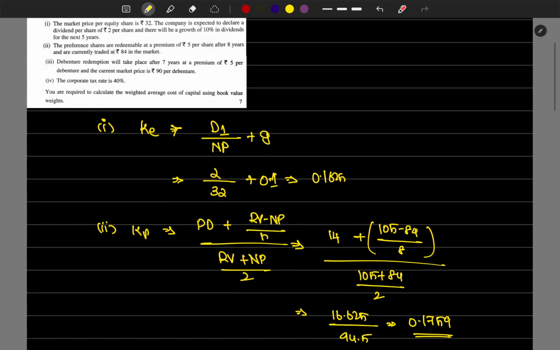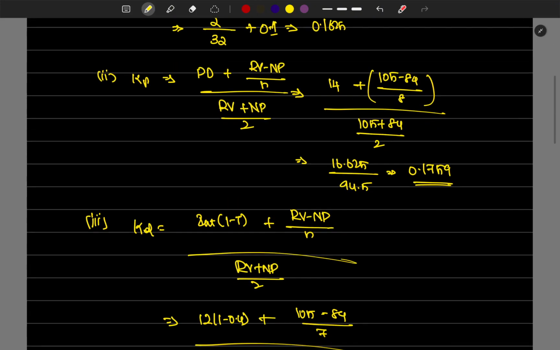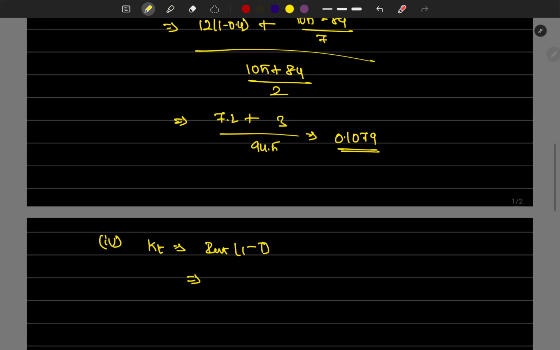The interest rate is 11%, so 0.11 into (1 minus 0.4), 0.11 into 0.6, which is 0.066, the cost of the term loan.